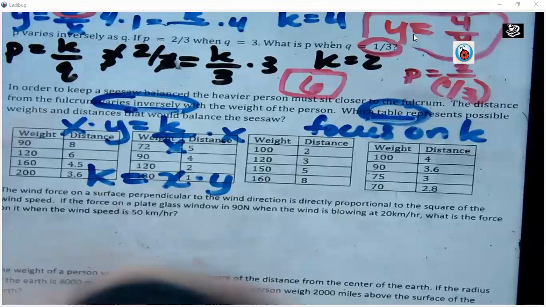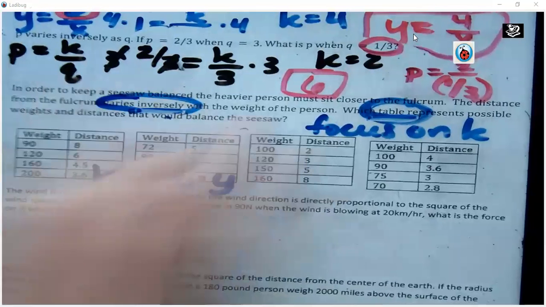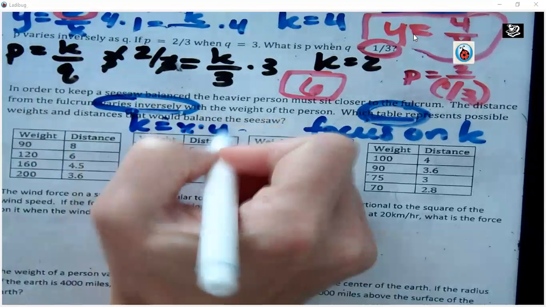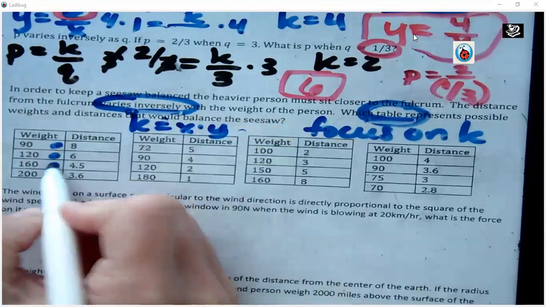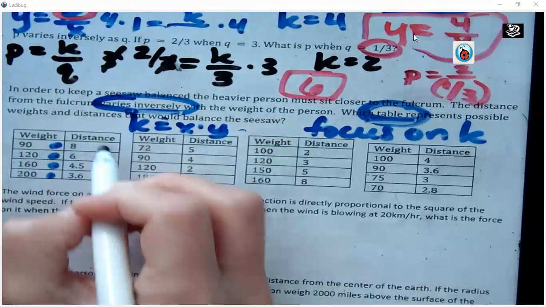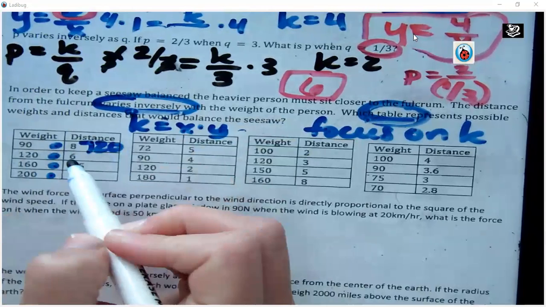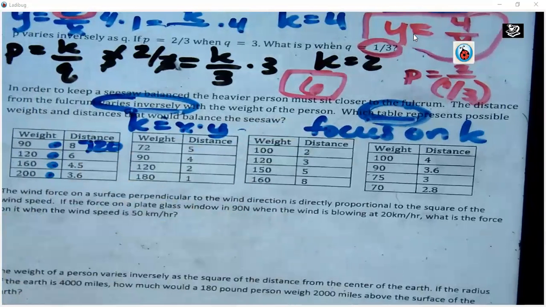Okay. So if I multiply 90 times 8, I get 720. What about 120 times 6? 720.